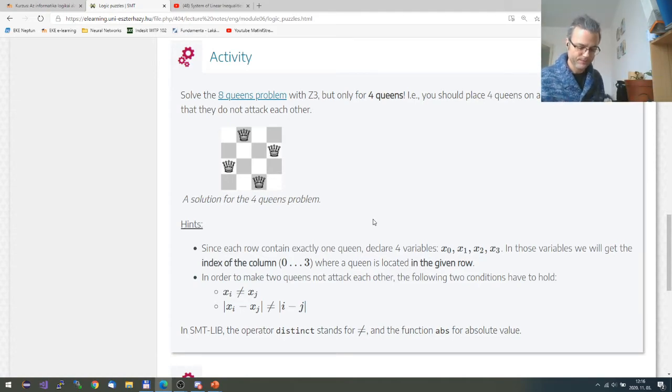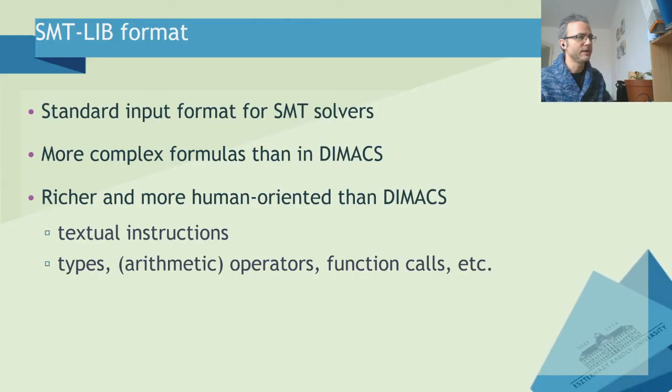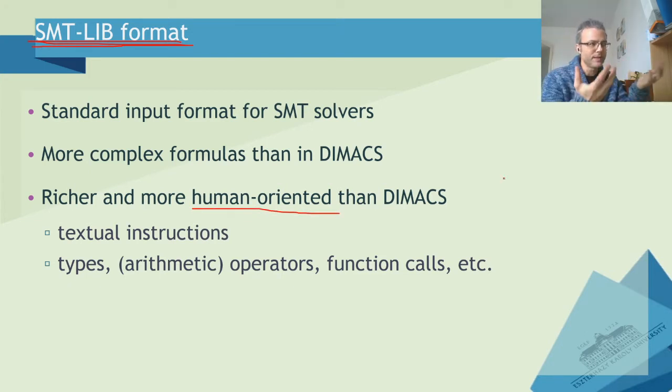This is the point. For this, I really need to know the standard format for SMT solvers. This is called the SMT-LIB format, which is more human-oriented than DIMACS. So it's easier to read because it has textual instructions.